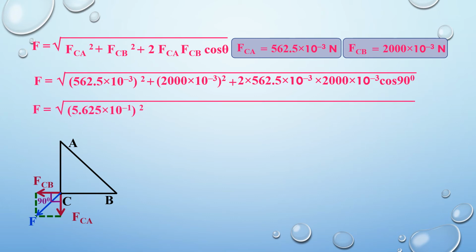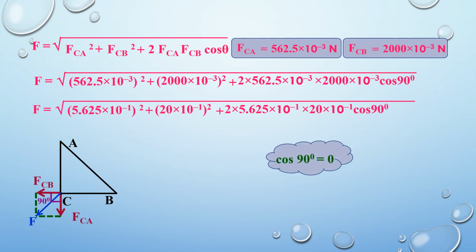Simplify this, you will get (5.625 × 10^-1)^2 plus (20 × 10^-1)^2, where we have adjusted the powers with respect to the values, plus 2 into 5.625 × 10^-1 into 20 × 10^-1 cos 90. It is known cos of 90 is equal to 0.